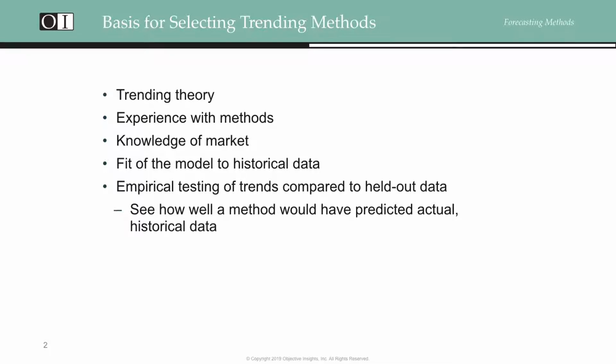So what you do is you take some of the most recent historical data out of the data set, and then you trend using the data minus the held out data. So you get your trend, and then you compare it to the held out data and see how well you did. And obviously if your method is trending very close to the held out historical data, you have a lot of confidence that you've got a good method.